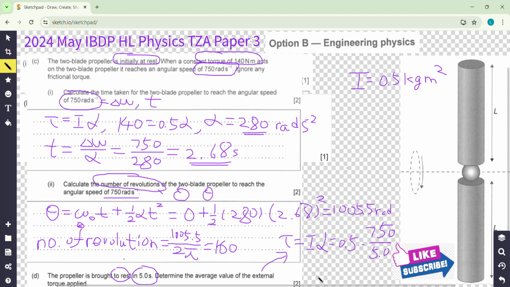So what's the result? 75. What's the unit? Tau is moment, force times distance. Yes, Newton meter.